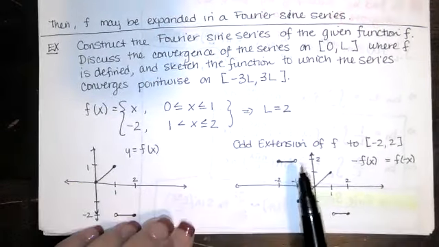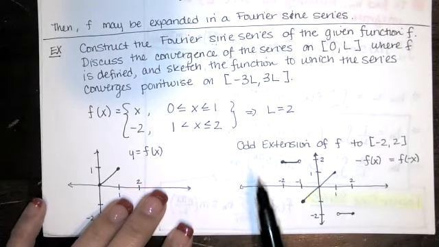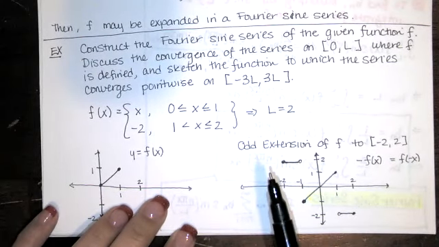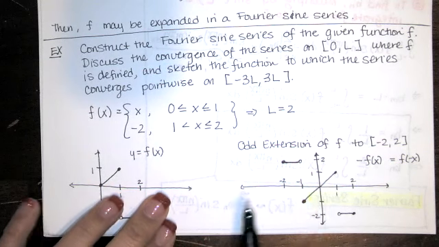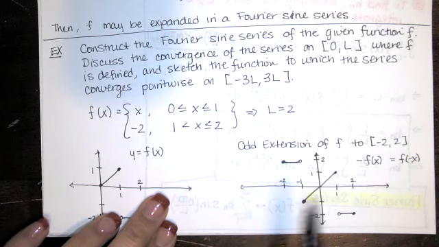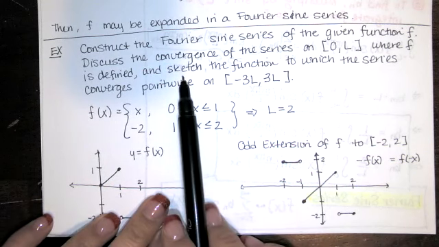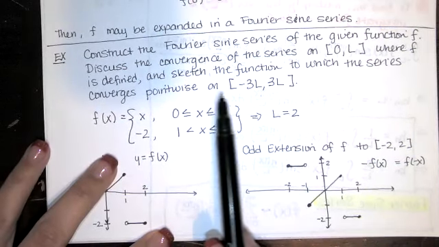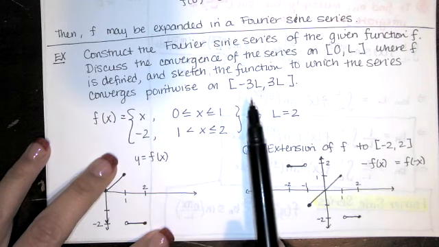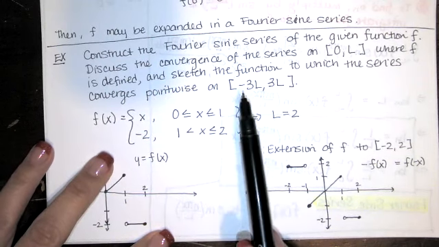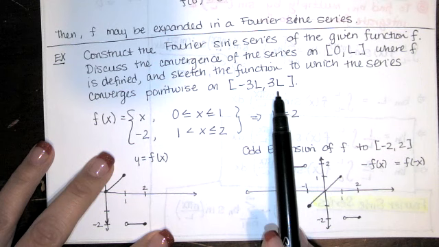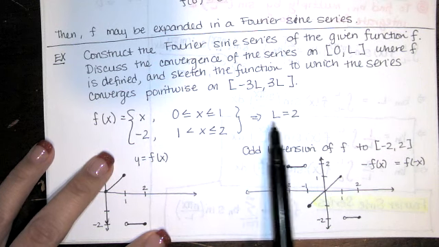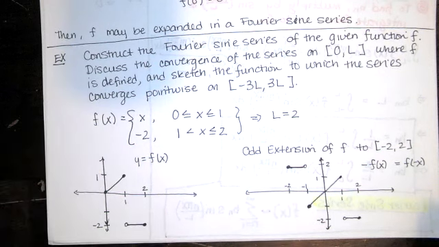Now, I want a periodic extension of the odd extension. I want to draw that next. That is very closely related to the function that the series will converge to. And it looks like we want to sketch that periodic extension on the interval from -3L to 3L. So that's going to be the interval from -6 to 6.